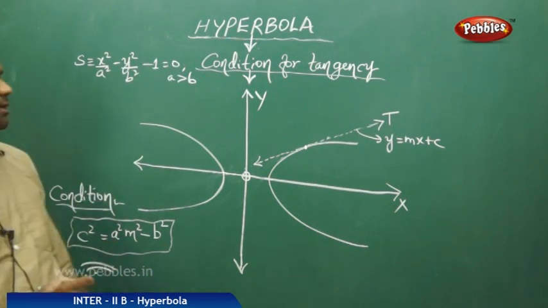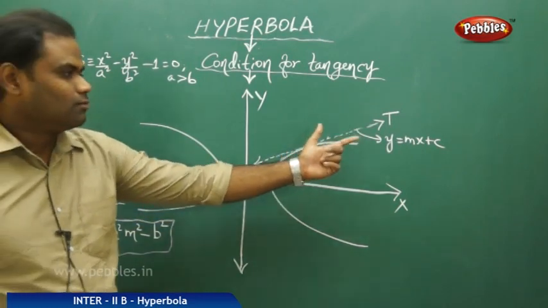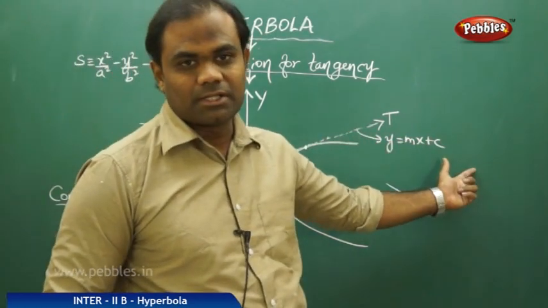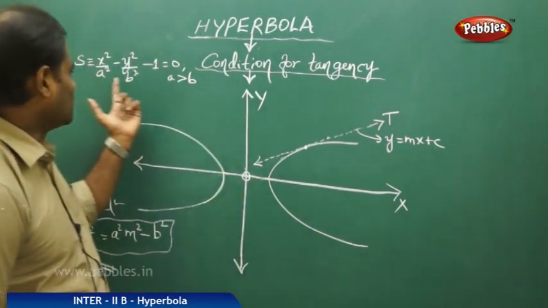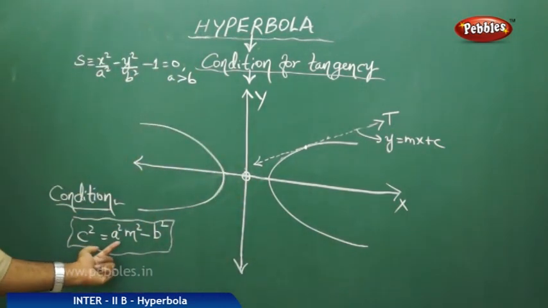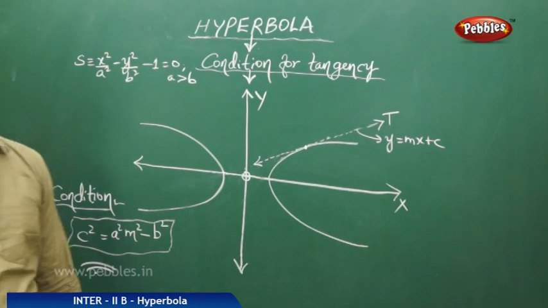So we have the condition for tangency for the line y equal to mx plus c to touch the hyperbola: c square equals a square m square minus b square.